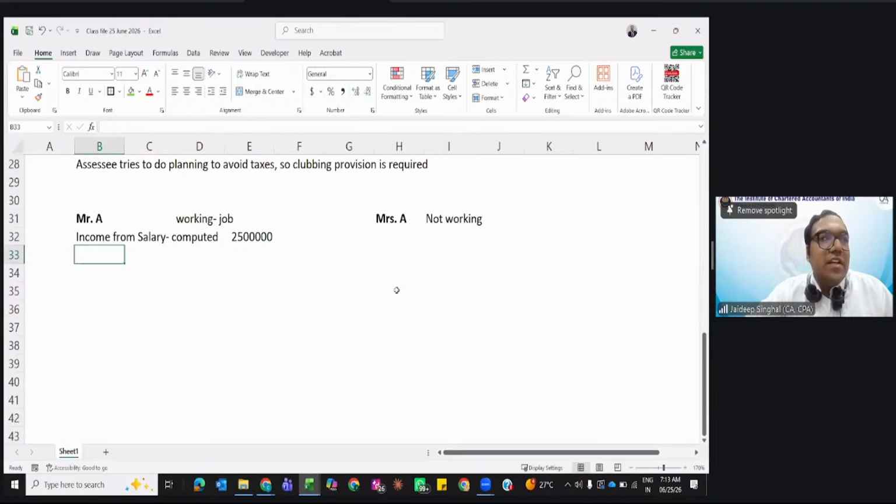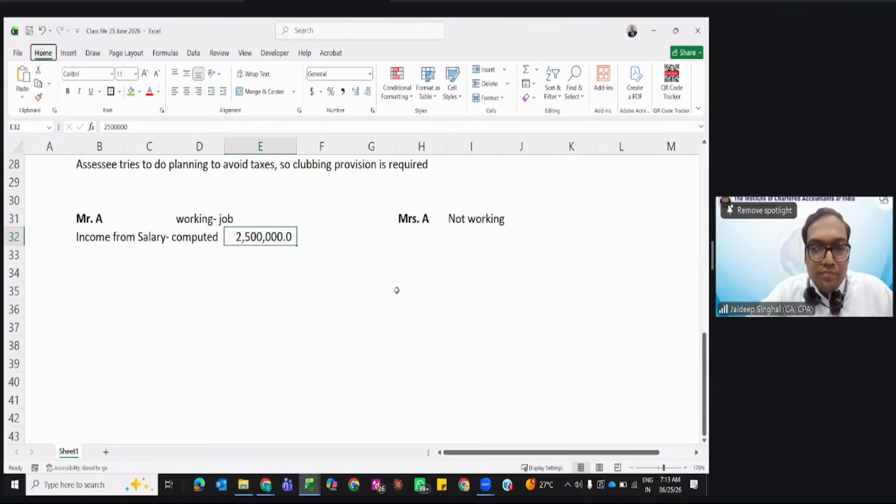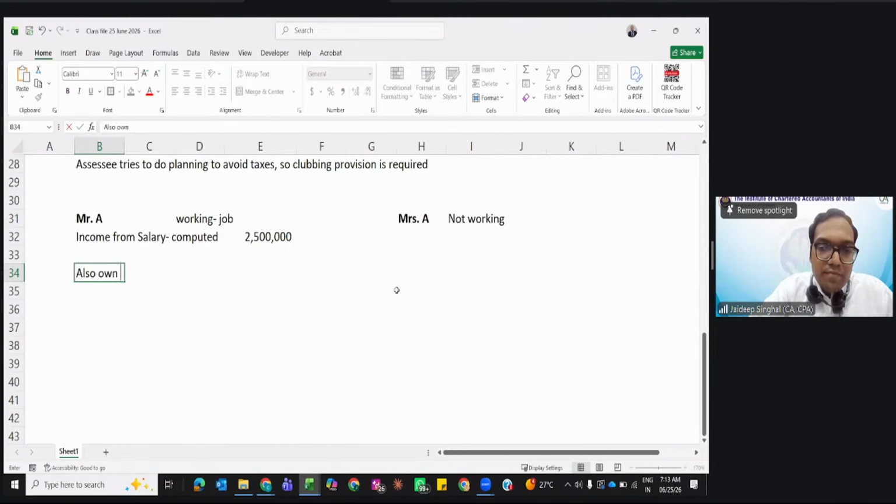Sridhar, is it 50K or 75K? 75K, right? When I have not given the old tax regime, you always assume the new tax regime, so 75K. Now, Mr. A also owns a rental property.